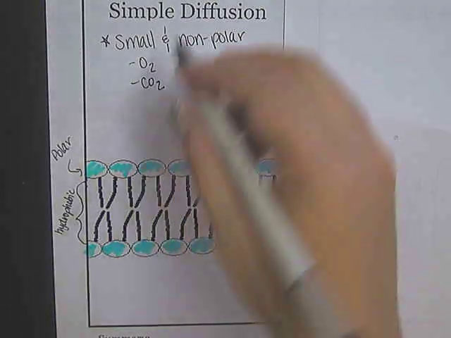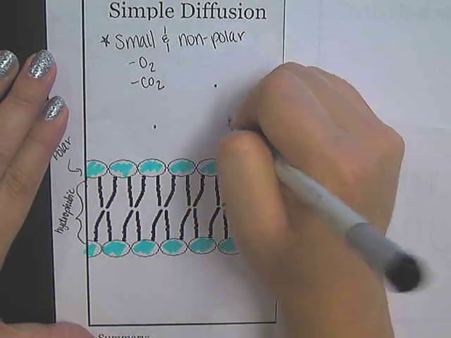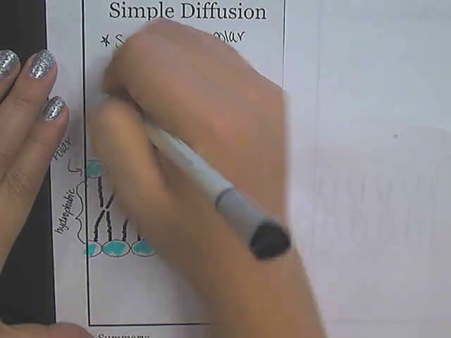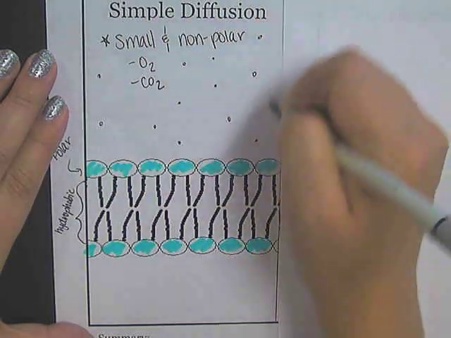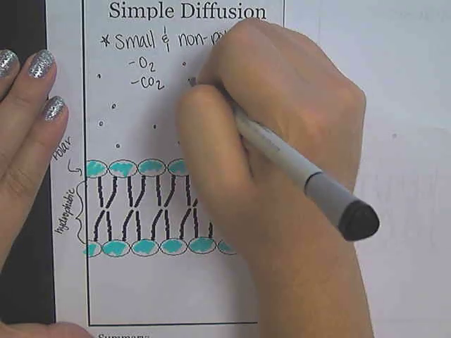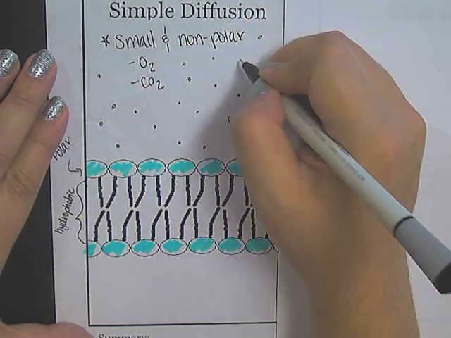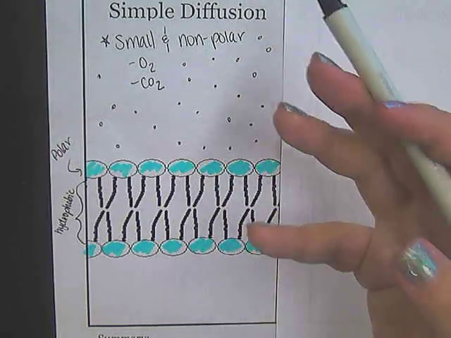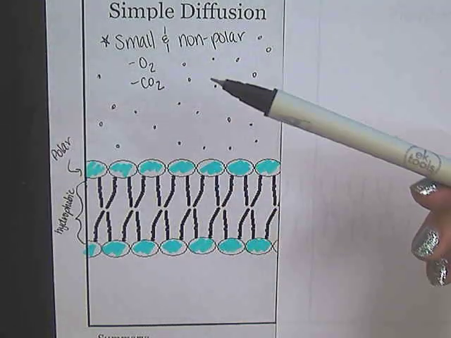And what you all need to understand is that these molecules on one side of the membrane are going to be more abundant than the other side. So what we say is that there is going to be a concentration gradient across the membrane depending on what molecule we're talking about.